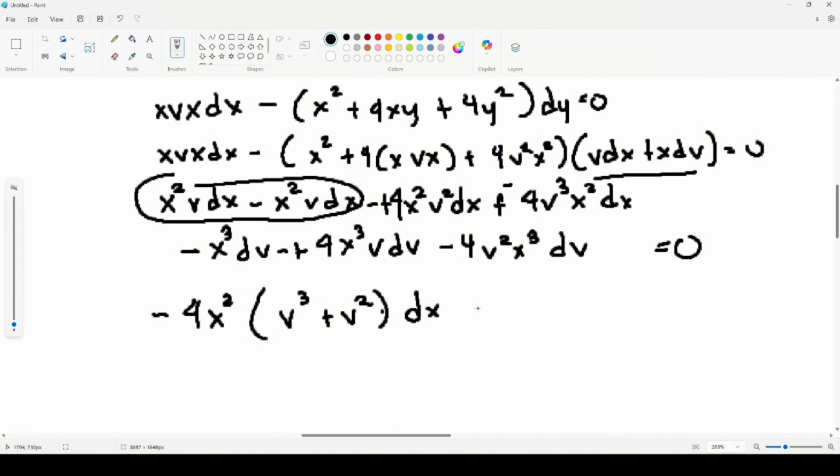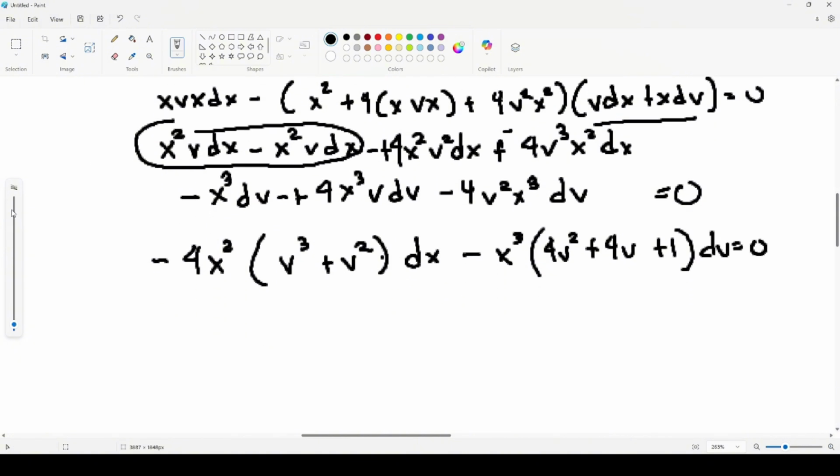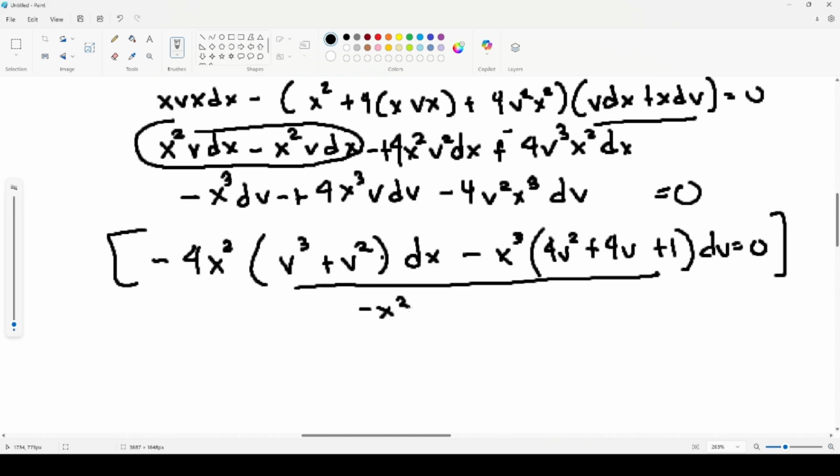Minus x cubed times (4v squared plus 4v plus 1) dv equals 0. Now substitute further: divide both sides by negative x cubed and (v cubed plus v squared).